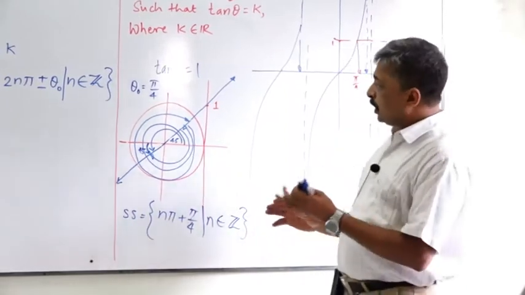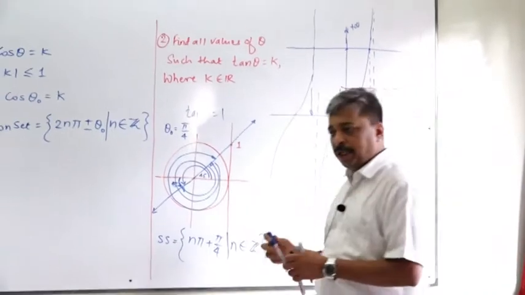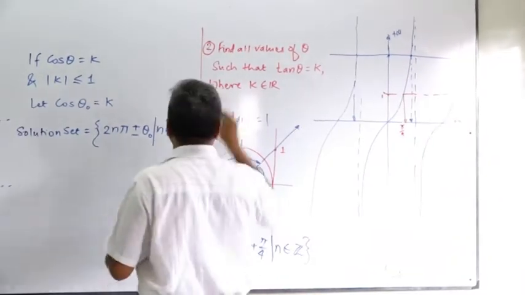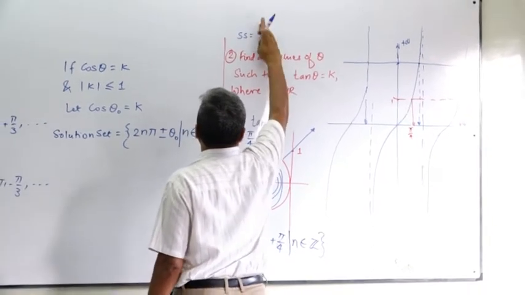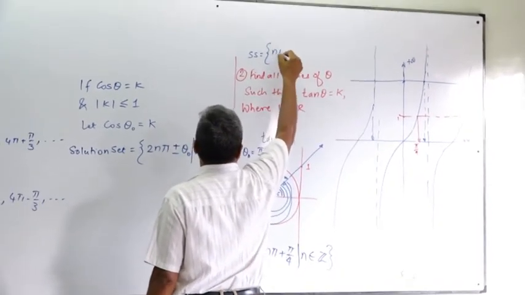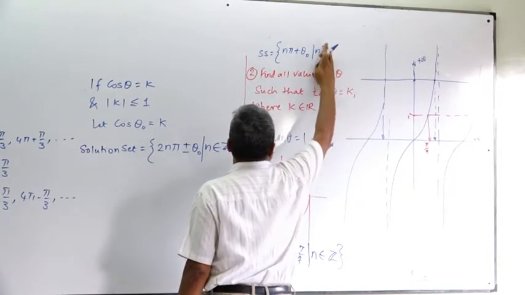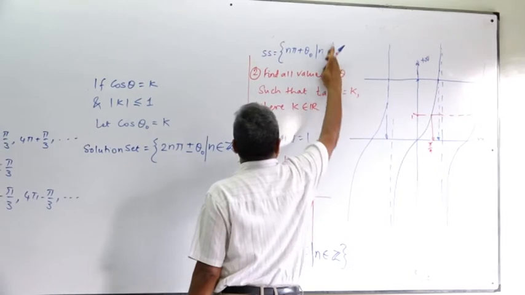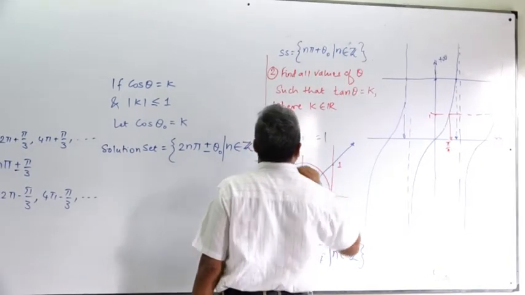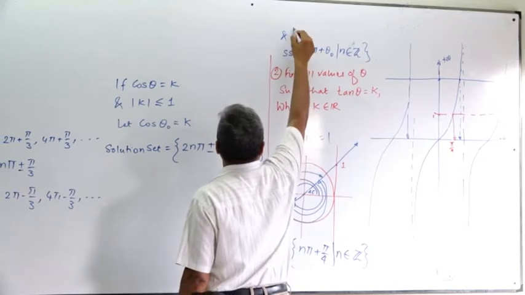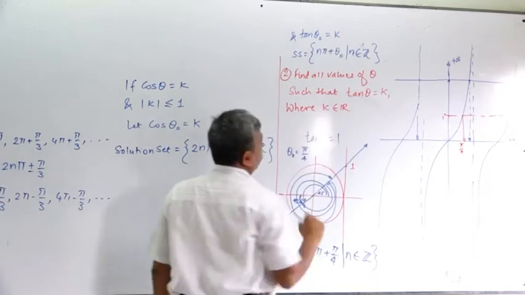So solution set for tan theta is equal to k, general solution set, is n pi plus theta naught, where n belongs to Z. And you must write tan theta naught is equal to k.